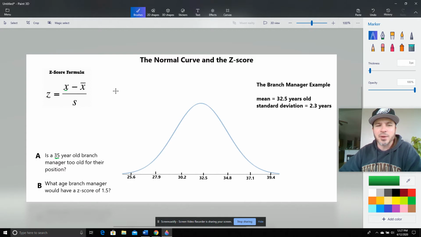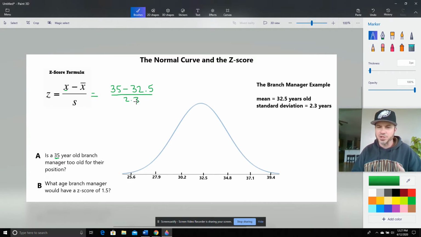So we take the data point. It's question A: is a 35-year-old branch manager too old for their position? We'll say 35 years old. That's the data point. We're going to take away our mean from our previous problem, which was 32 and a half years old, and divide this by our standard deviation, 2.3.